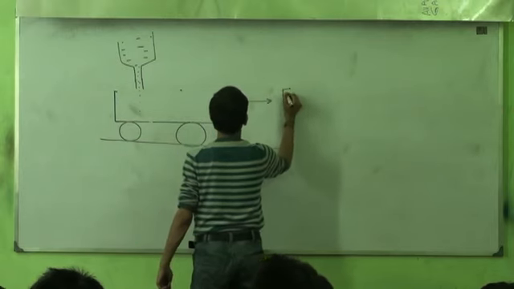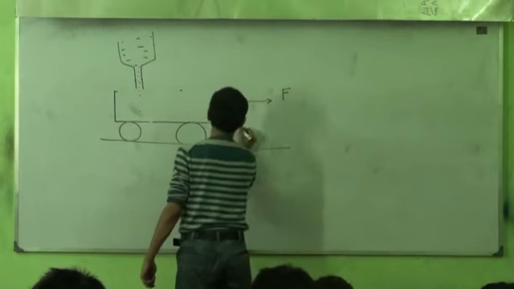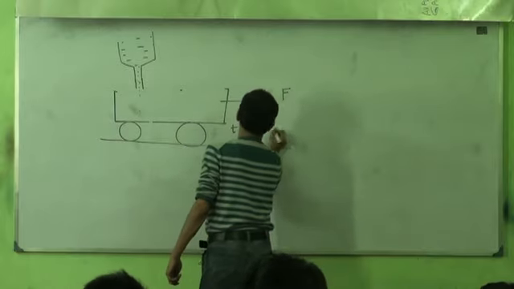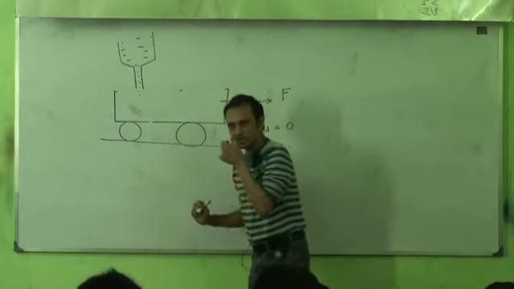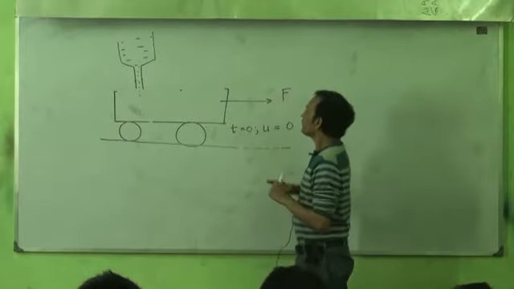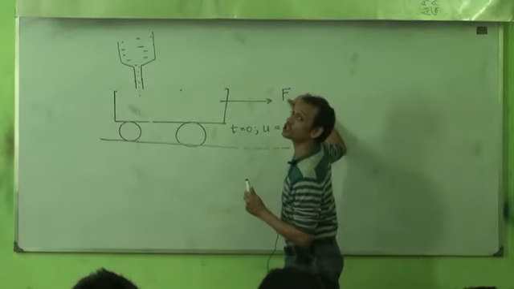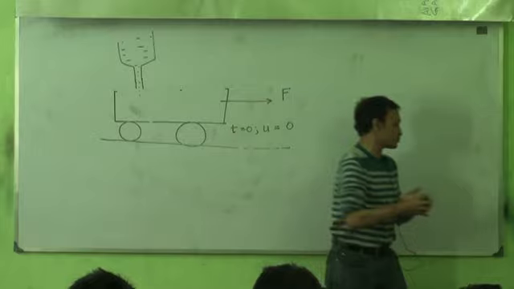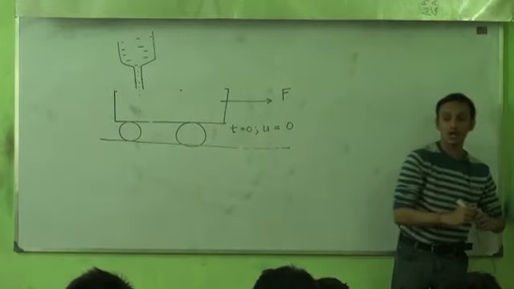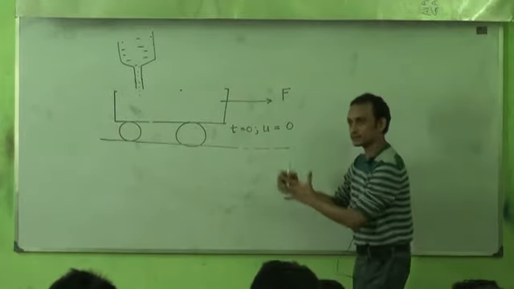There is a trolley at time t equal to 0. It starts from rest, and is being acted upon by a constant external force F, rightwards, right?